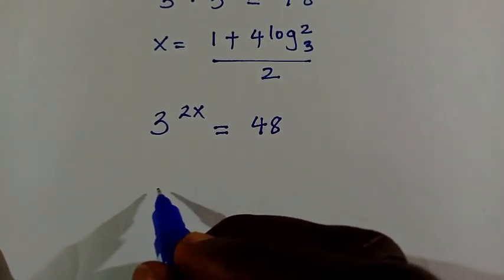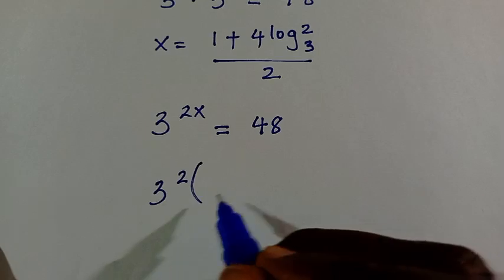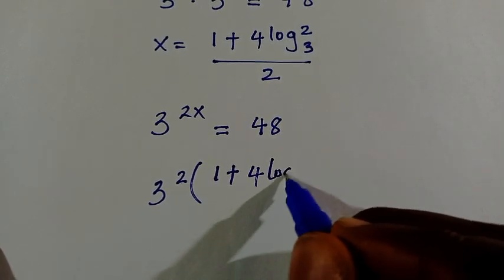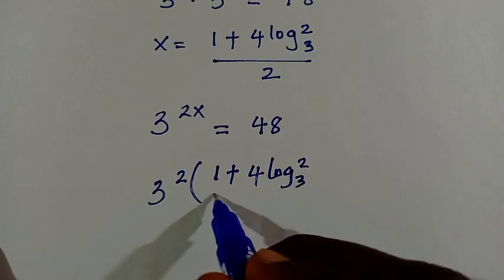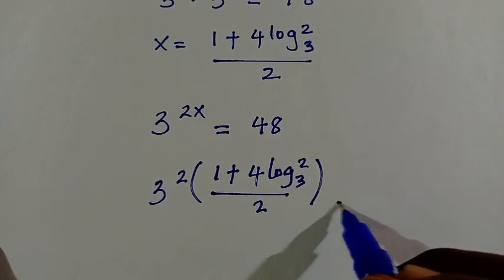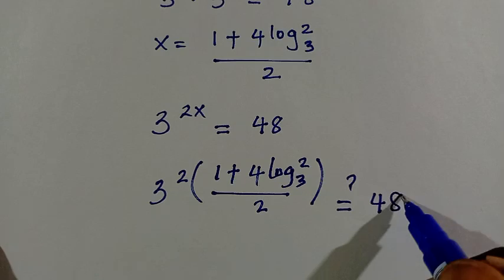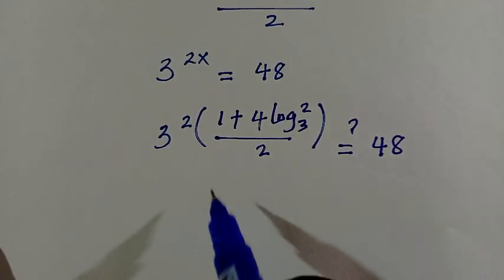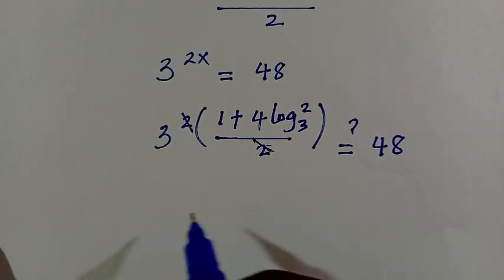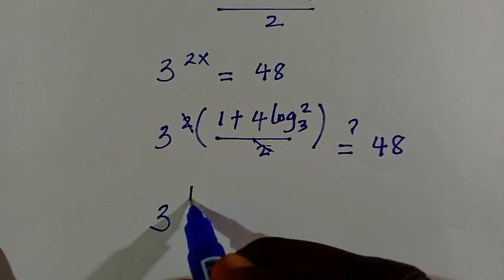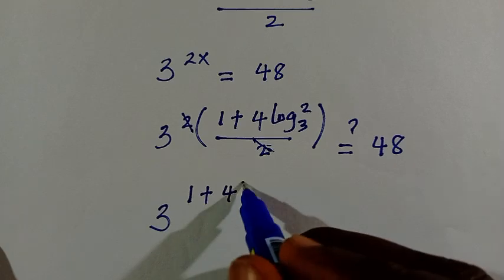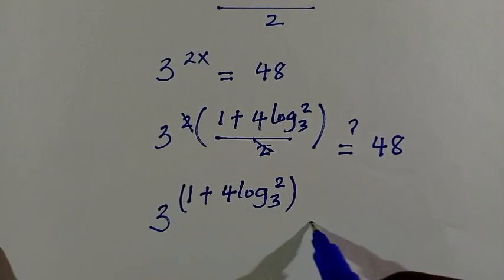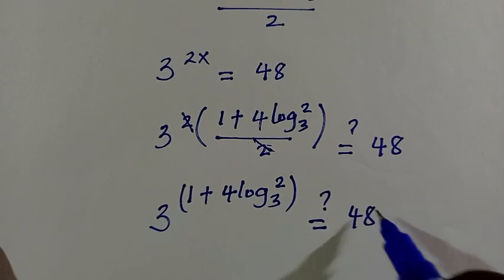Then 3 raised to the power of 2 into bracket of 1 plus 4 log 2 base 3 divided by 2. We want to check if this equals 48. So let's try to focus on this left hand side. 2 cancels 2. Then we have 3 raised to the power of 1 plus 4 log 2 base 3. So we want to check if this equals 48.